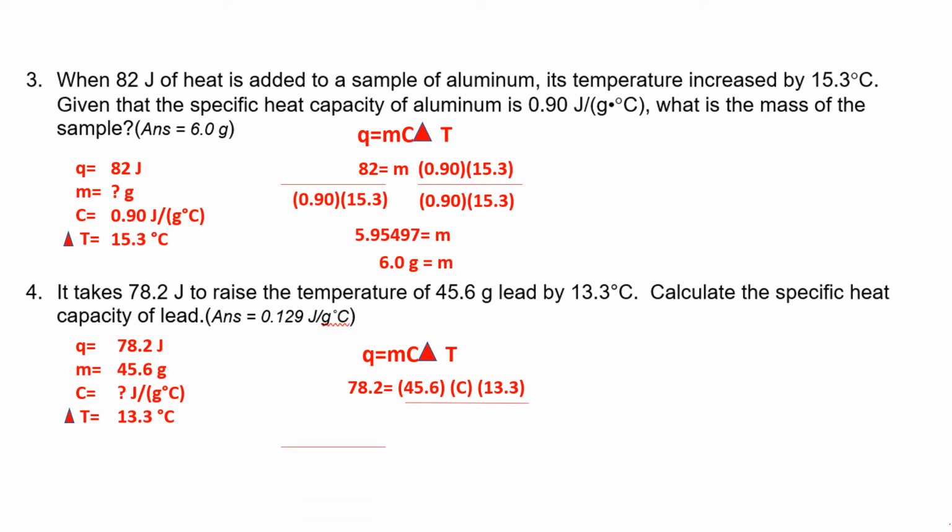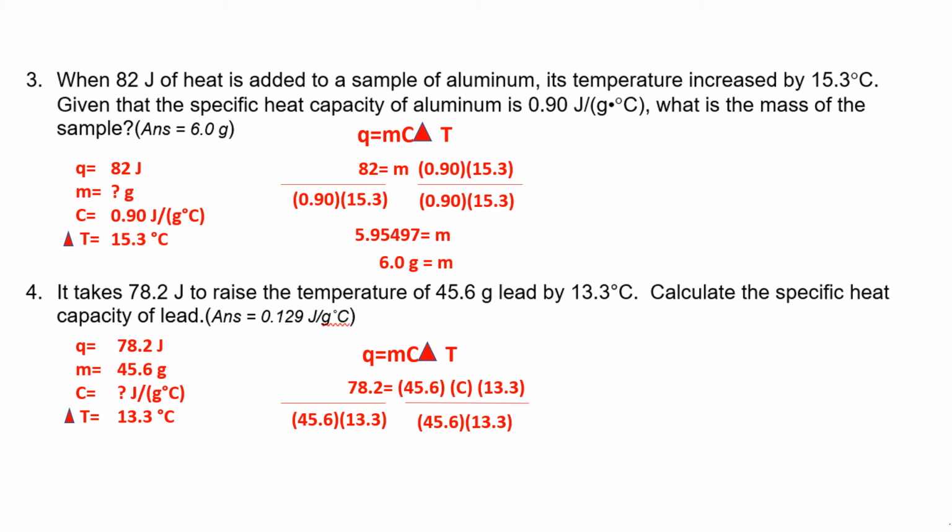So we're going to divide each side by 45.6 times 13.3 to get C by itself. Another option, you could multiply 45.6 grams and 13.3, and then divide out that number. It's kind of your choice. There's more than one way to solve an algebra problem.